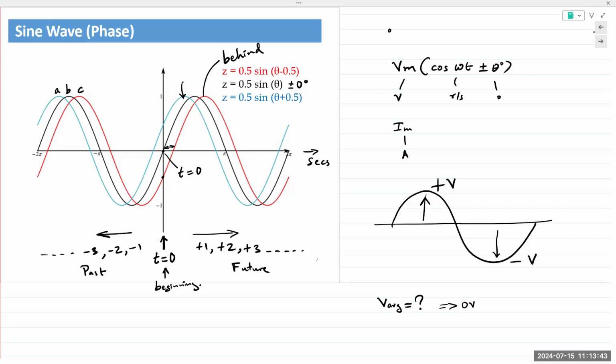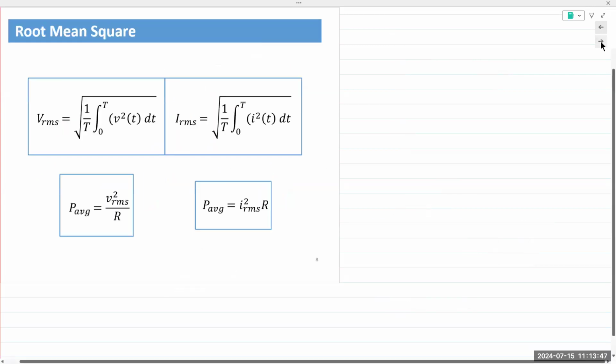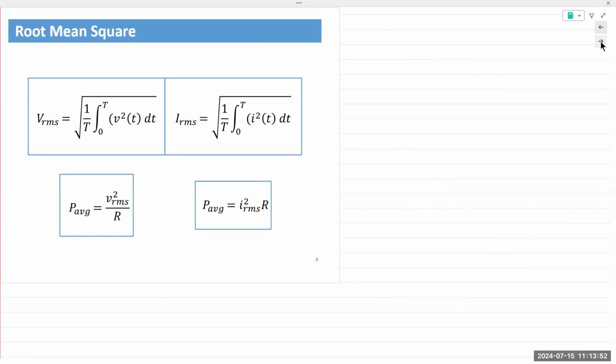And so they came up with a new term called root mean square. It literally is the square root of the mean of the square of the waveform.